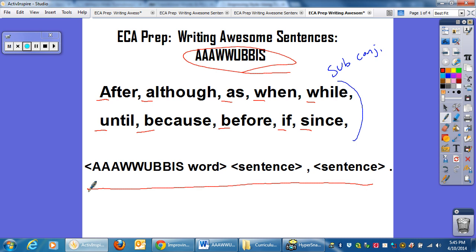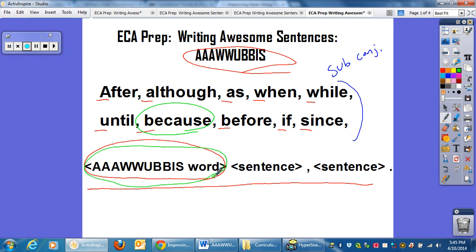So what you can do is you can start a sentence with an AAAWWUBBIS word, and that scares people because a lot of teachers say you can never start a sentence with because. Well, you actually can, but you have to follow the rules and the logic. So we're going to start with an AAAWWUBBIS word, and then you have to put in a complete sentence right here. And then you put a comma, and the reason we have the comma is there's an interruption.